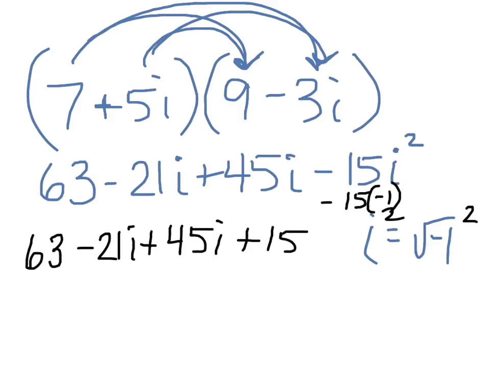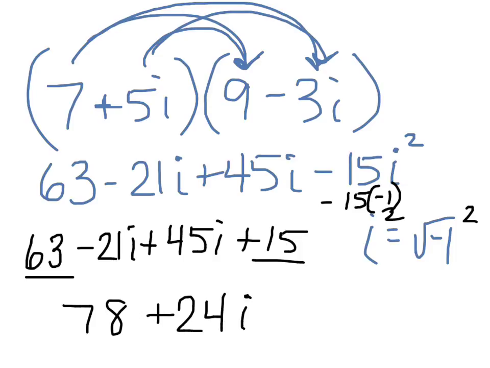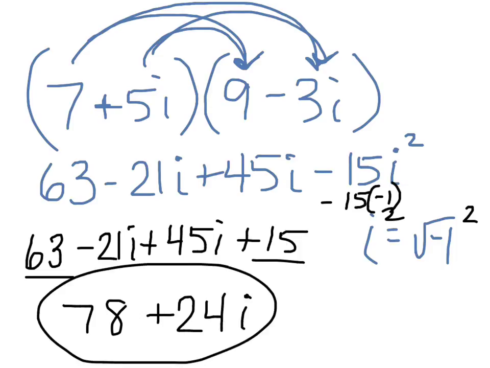Now combine like terms. What's 63 plus 15? Good. What's negative 21i plus 45i? What I wanted you to get to is, did you notice when I gave you the definition of a complex number, I said there was a real piece and an i piece.